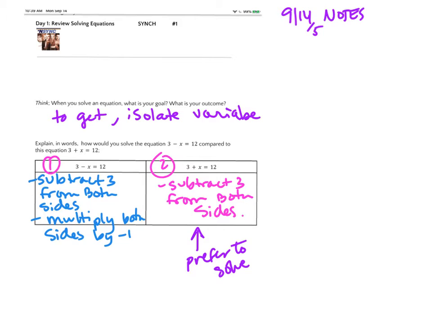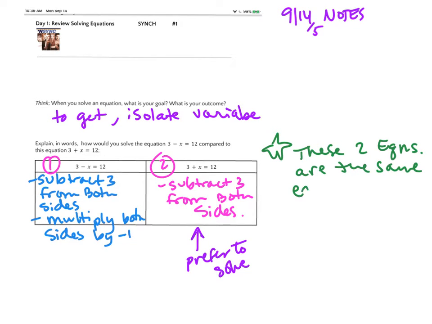The other thing that we noted is that these two equations are the same except for the sign, which makes a huge difference, right?